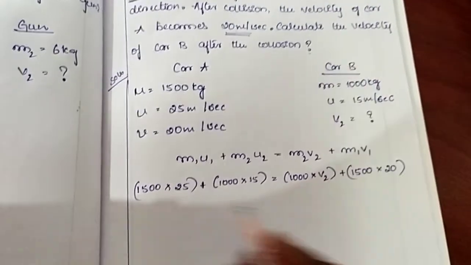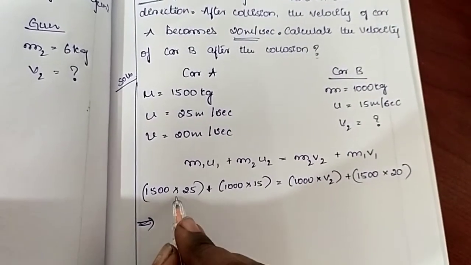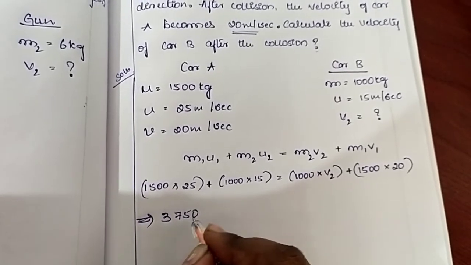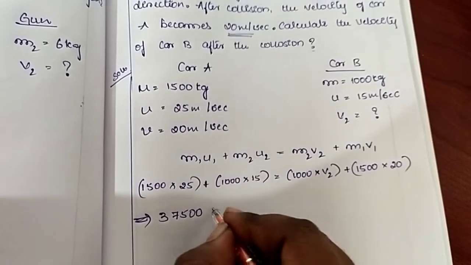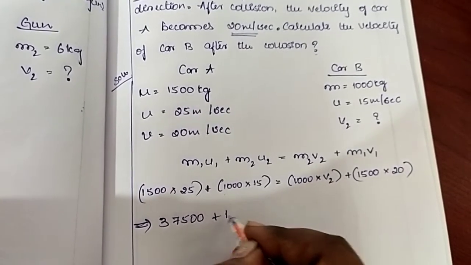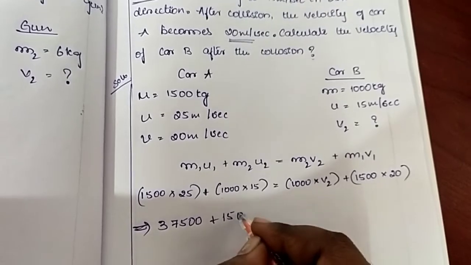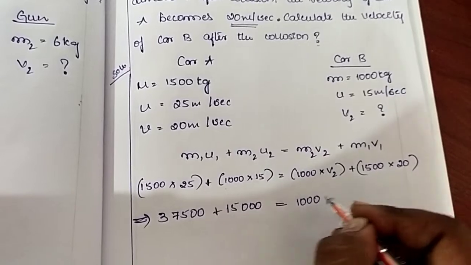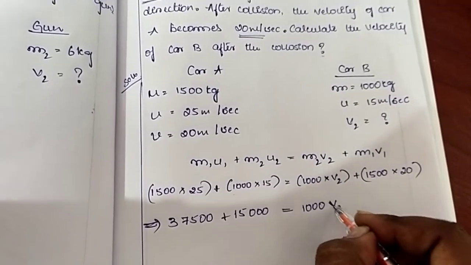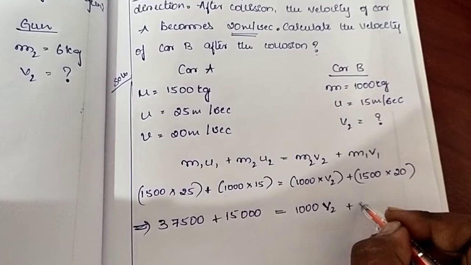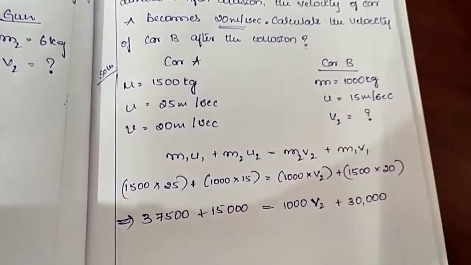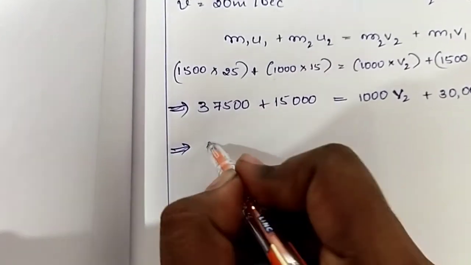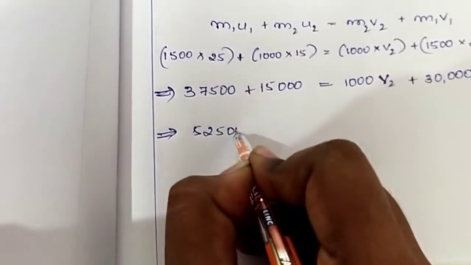From this, what will we get? 1500 into 25 will give 37,500, plus here it will be 15,000, which is equal to 1000 V2 plus 30,000. By adding this, what we get is 52,500.